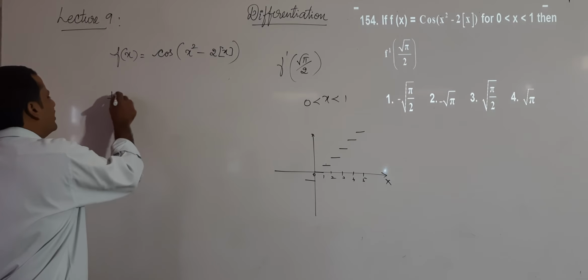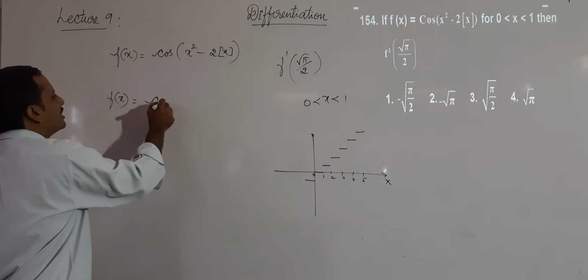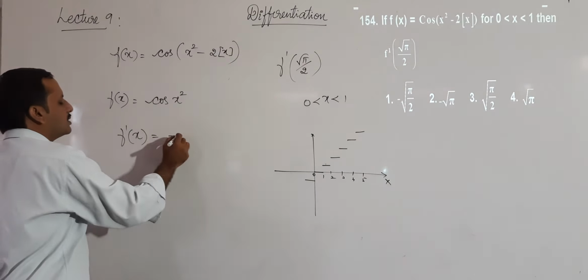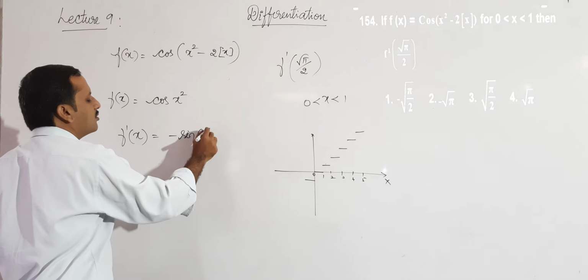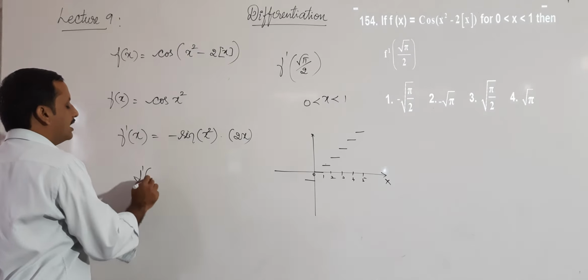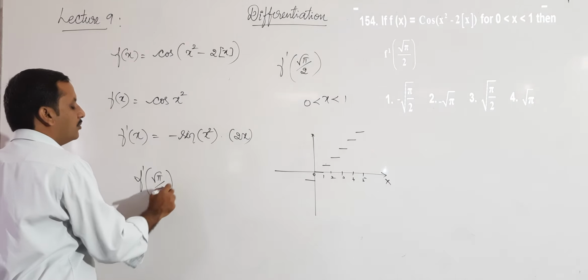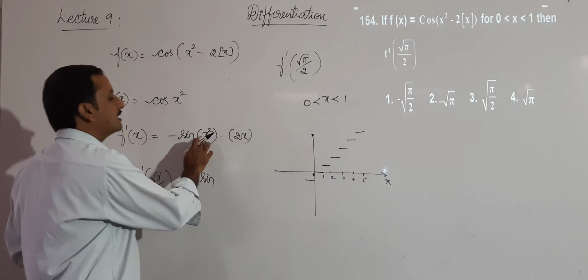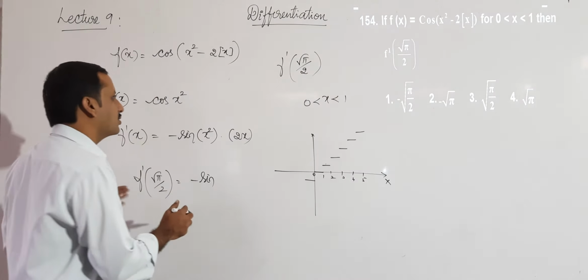So this problem reduces to f of x is equal to cos x square. Now differentiate this: minus sin x square into 2x. So f dash of root pi by 2, put x equal to root pi by 2: minus sin of root pi by 2 whole square.